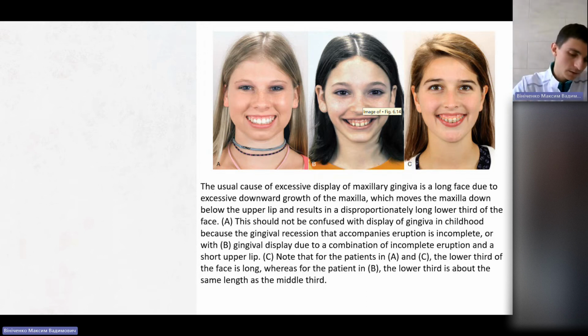It is a moment when in the blood vessels there are a lot of growth hormones. If we talk about boys, it is the age of 12 years. It is the period when in the blood vessels there are a lot of growth hormones, and we could use it. We could make orthopedic treatment of our patients. We could change the position of the maxillary jaw, for example.